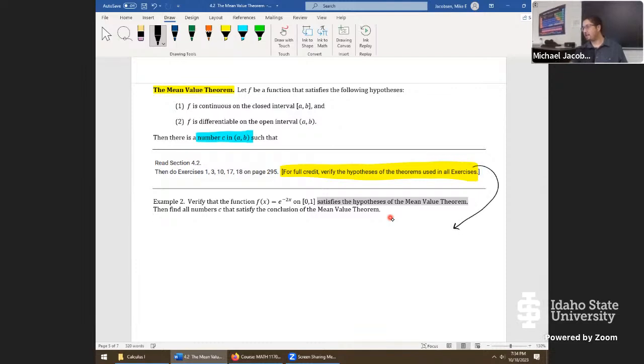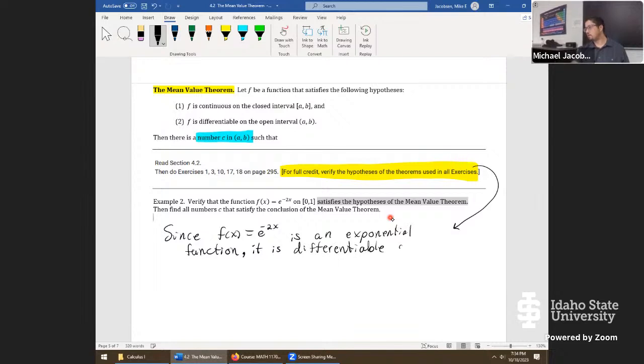Let me point the arrow down and say, since f of x equals e to the power negative 2x is an exponential function, it is differentiable on negative infinity to infinity, which is equal to R. So taking that function without a domain condition, that's the foregone conclusion.